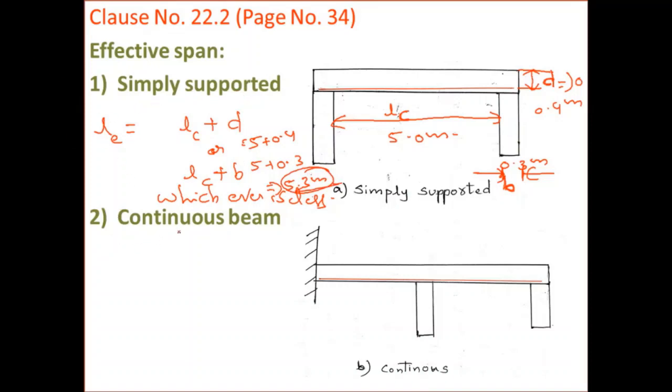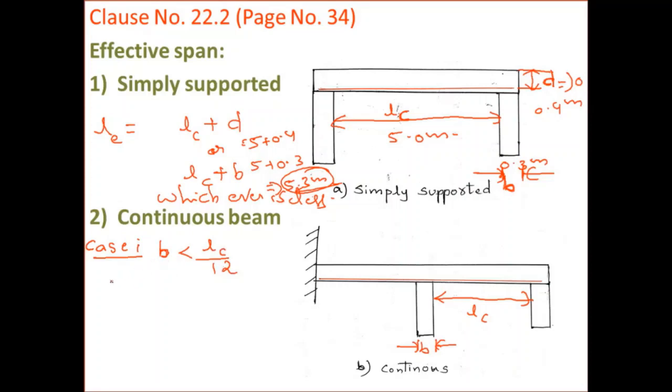Next one is the continuous beam. If you take a continuous beam like this, then again there are two cases. Let us see case one first. Whatever the clear span is, that is LC, and this is the support width B. Case one is when the support width is less than clear span by 12.